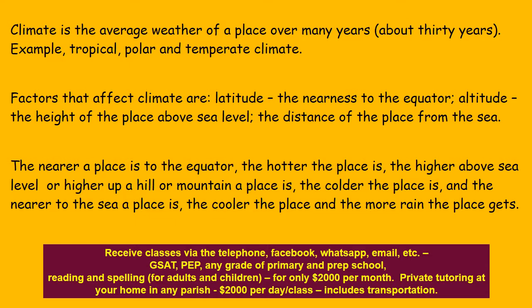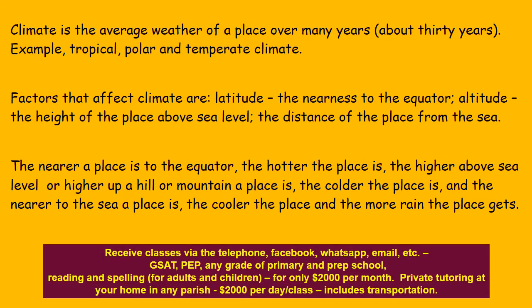Okay, also now factors that affect climate. The different factors, or the different things, that affect climate are latitude, altitude, and distance from the sea. What is latitude? Latitude is the nearness of a place to the equator.